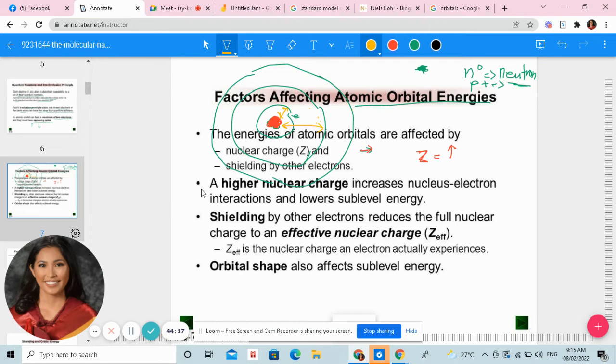Okay. Now, also, we have the shielding. Shielding, of course, reduces the full nuclear charge.